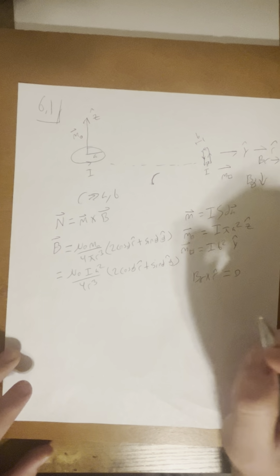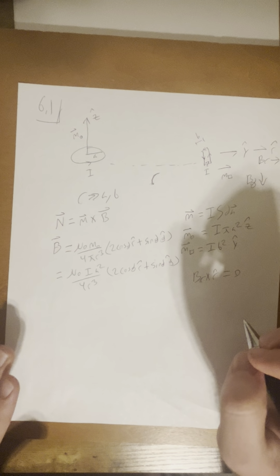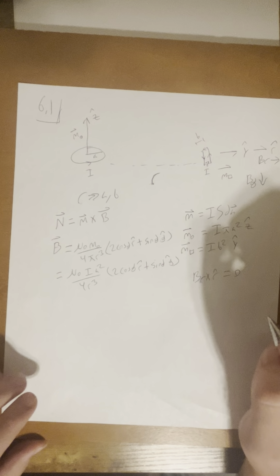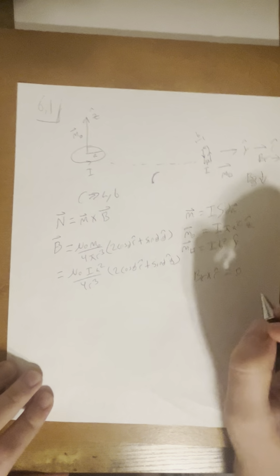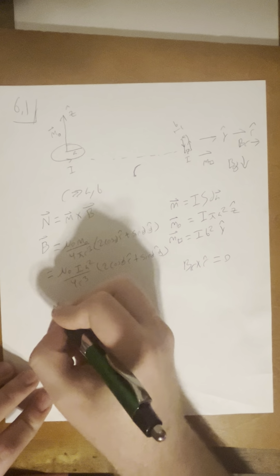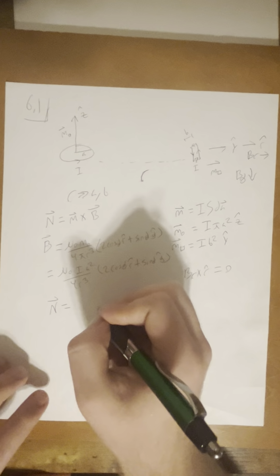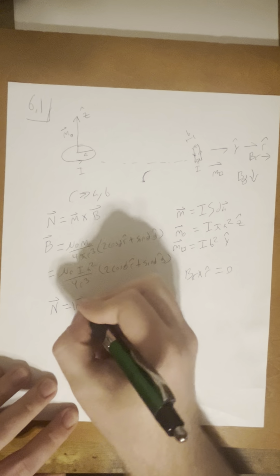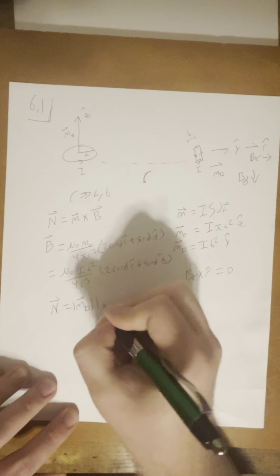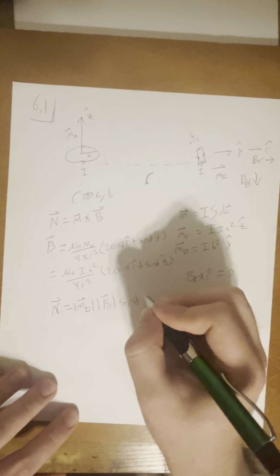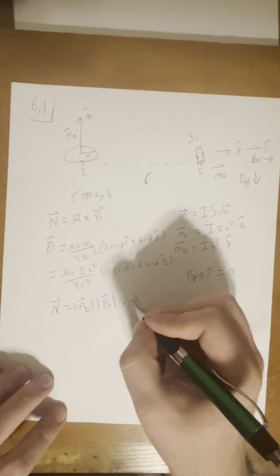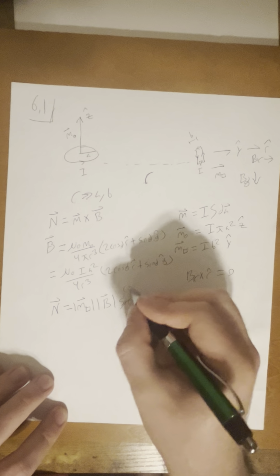And thankfully, since we are at pi over 2, that sine theta will just evaluate to 1, so we don't have to worry about it. That gets us to the magnitude of M square, the magnitude of B, and the sine of the angle between them, which luckily is pi over 2, so that will just evaluate to 1.